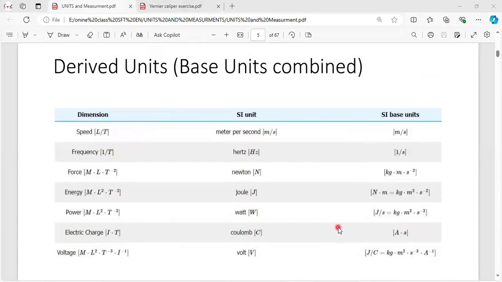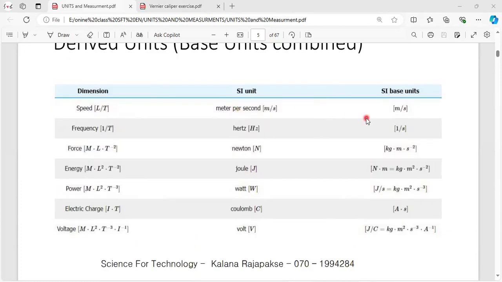Apart from these base units, if you take two or three base units and connect them through an equation, you can derive another unit, right? So these are the derived units. It's a combination of base units. For example, how do you write down the equation for speed?